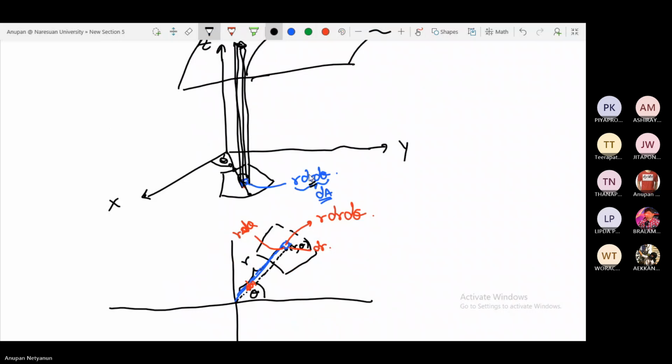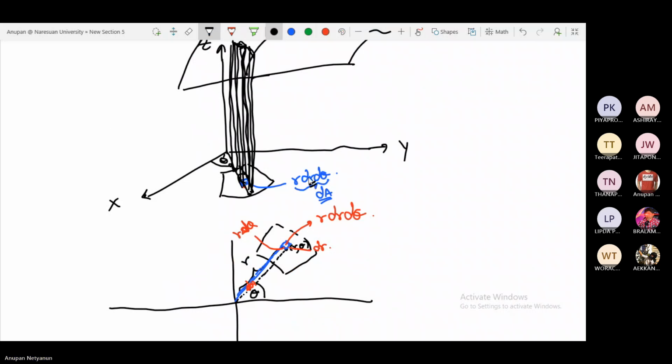You have to ask r running from where to where. So r runs from this point to this point. So you are going to have a line of a pole along this line. That is how you do the integration with respect to r first.